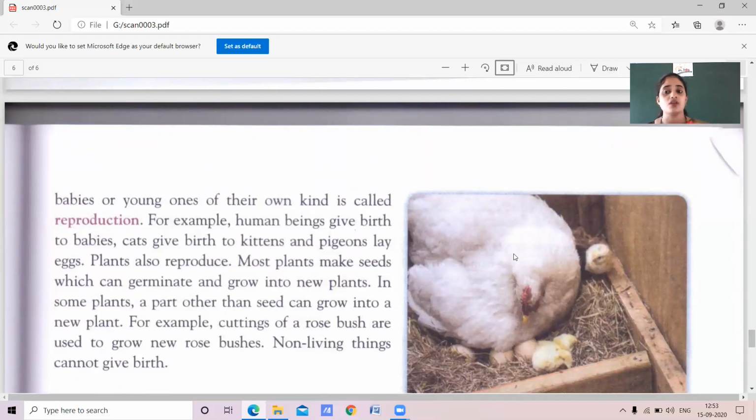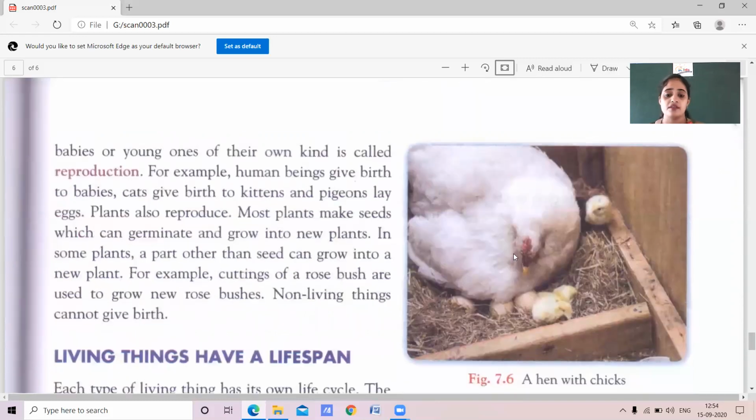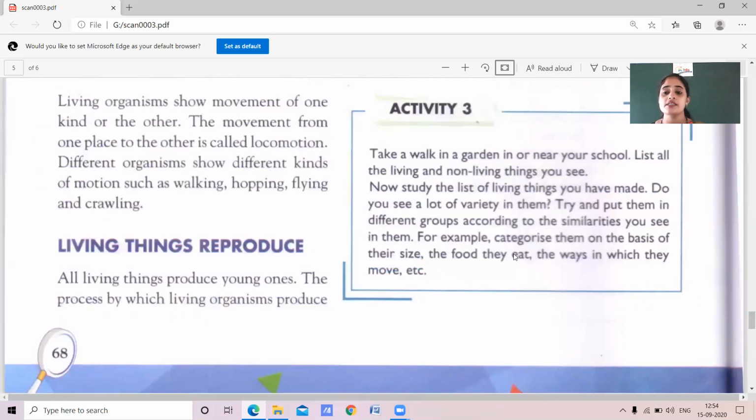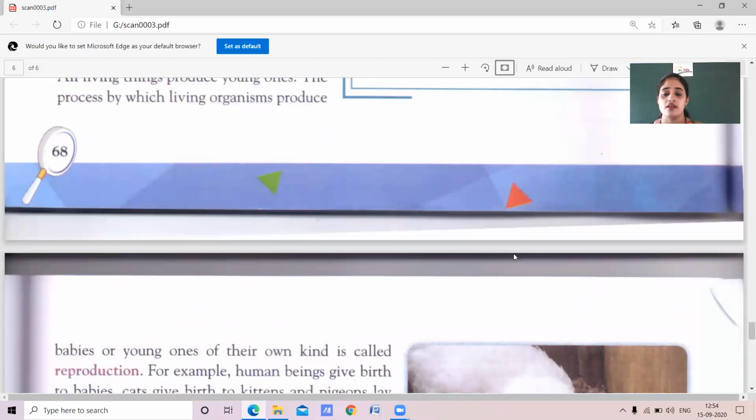Living things grow. Living things need energy, need food. Living things move. Living things reproduce. Living things have a lifespan. So all this you studied in this lesson.